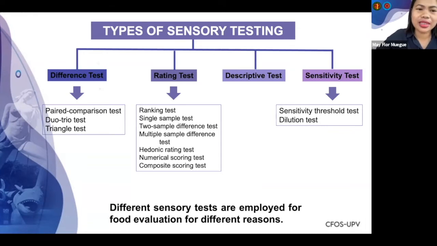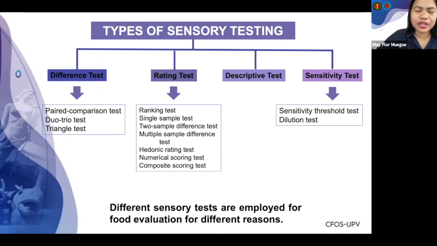Okay, the reason for that is everything na ipapatikim mo, everything that your panelists will taste will actually taste good and masarap, lalo na pag gutom yung tao. Okay? At some sort, medyo hindi objective yung magiging judgment ni panelist kapag gutom siya.